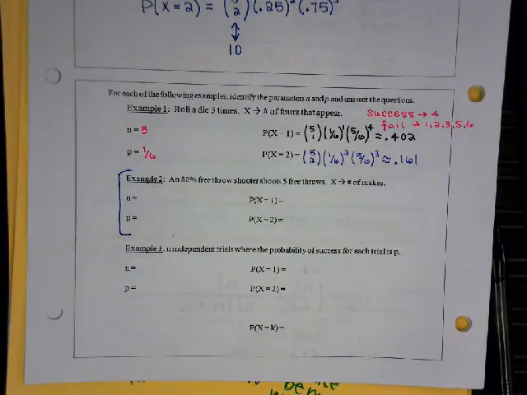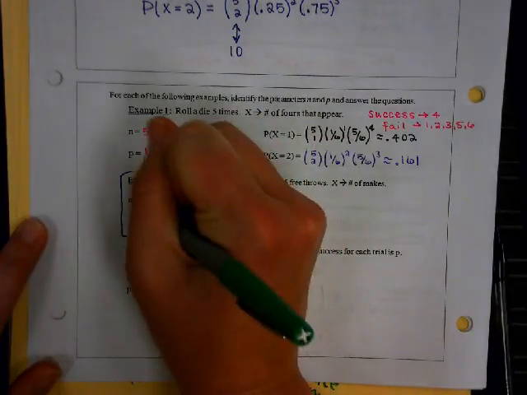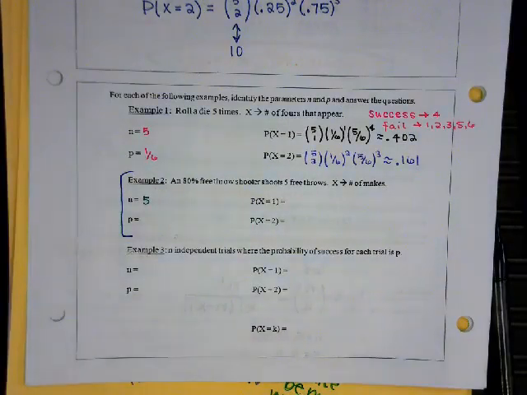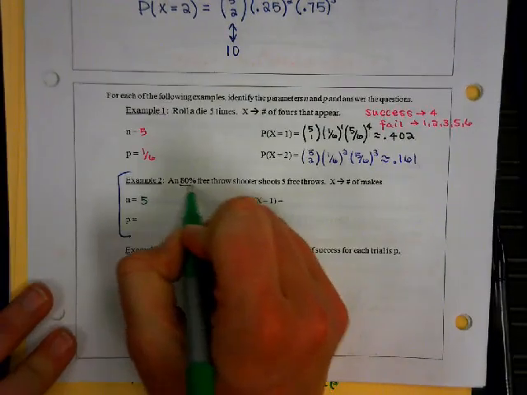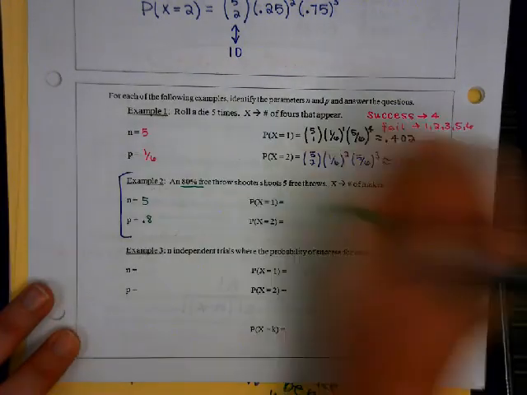All right. We're taking 5 shots. The person's an 80% free throw shooter. So we have 5 choose 1, 0.8 to the first times 0.2 to the fourth, which comes out to 0.0064.